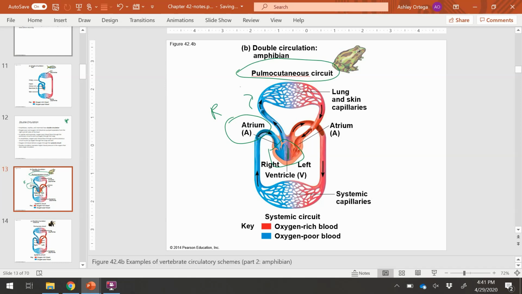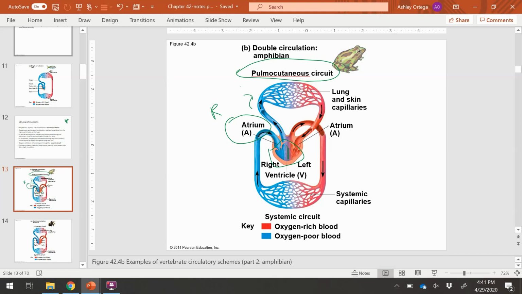As frogs can breathe through their skin, that is done especially when they're underwater. They will redirect all of their oxygen-poor blood to the skin, where it will exchange the gas.